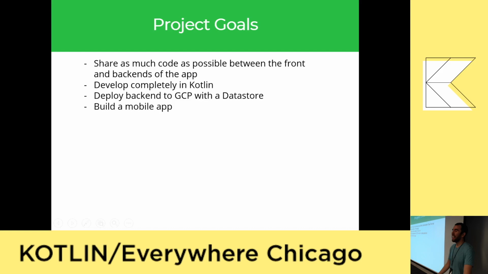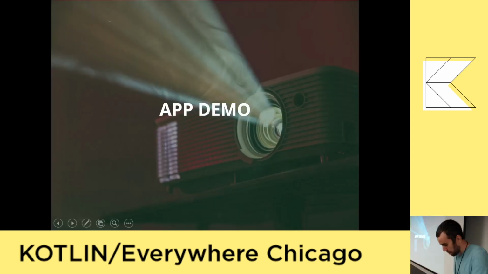I'll start out with a quick app demo. There's not much to it. We'll see if this demo actually works. As we all know, doing stuff live is always entertaining. Okay. Oh, there's the app.